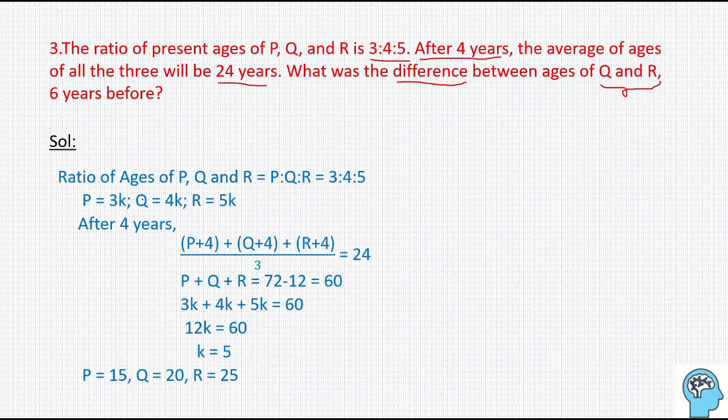So now the solution. The ratio of present ages of P, Q and R is 3 is to 4 is to 5.